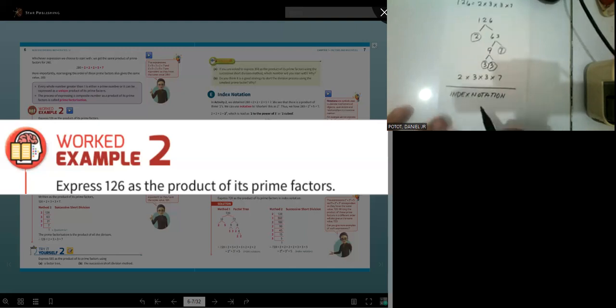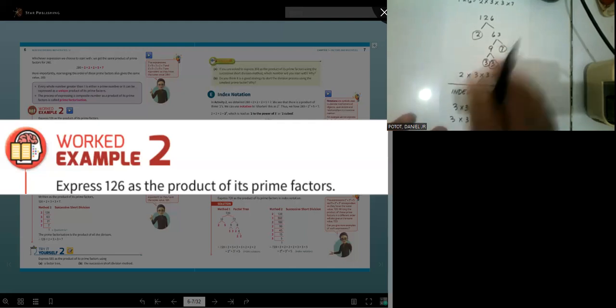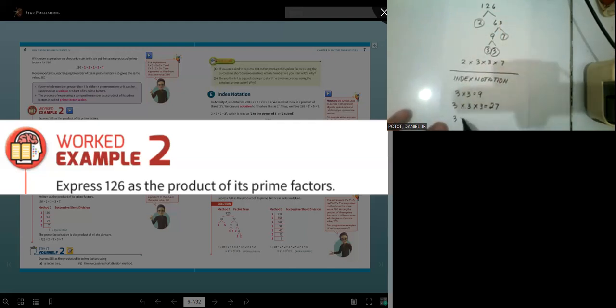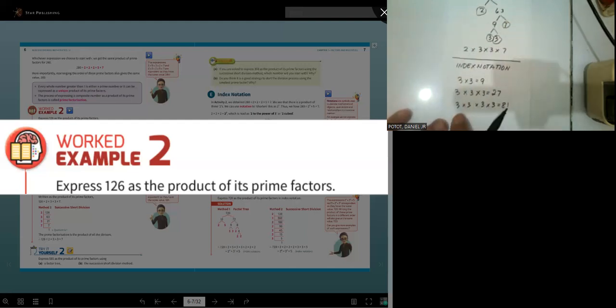For example, 3 times 3 is 9. 3 times 3 times 3 is 27. 3 times 3 times 3 times 3 is 81. This is going to be too long if you write out 243.